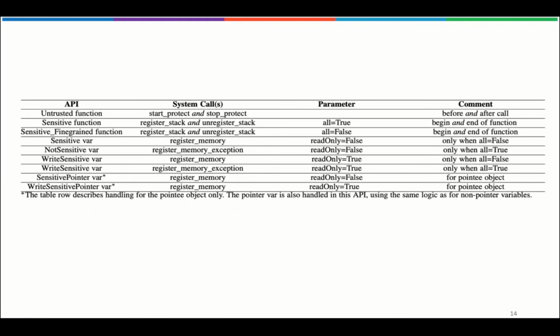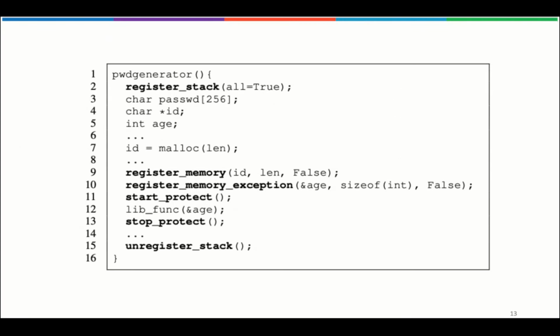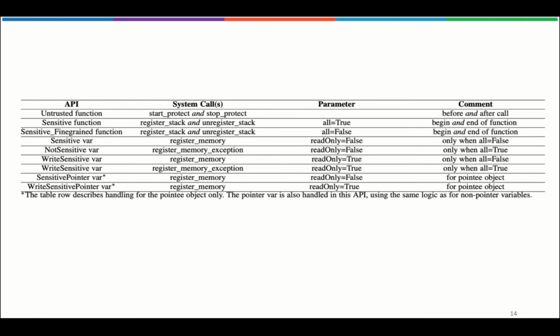So these are some of the system calls: start protect, stop protect, register stack, unregister stack. Before an untrusted function is called, start protect is called, and after the untrusted function returns, stop protect is called, as we saw. In the sensitive function, there are many system call APIs like register stack, unregister stack.